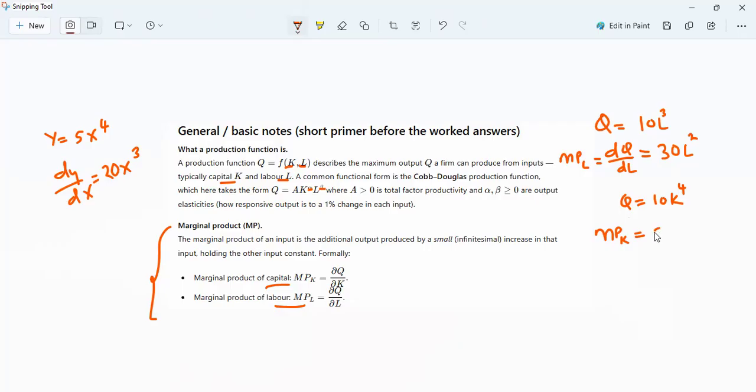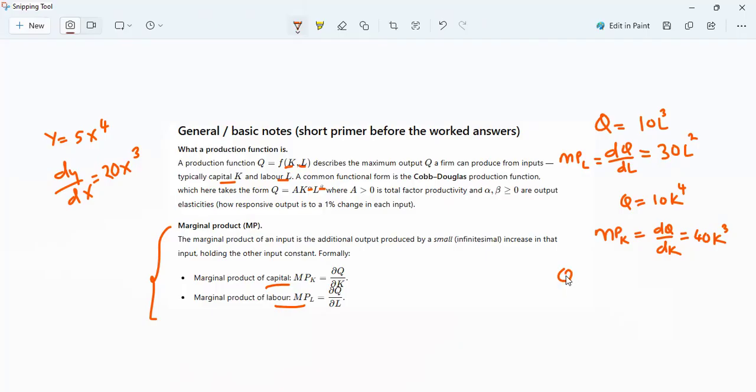It is the derivative of Q with respect to K. This is called our MPK. And what becomes our derivative there? 10 times 4 is 40. Then we subtract 1 from the power of K. So we're going to have 40K^3.